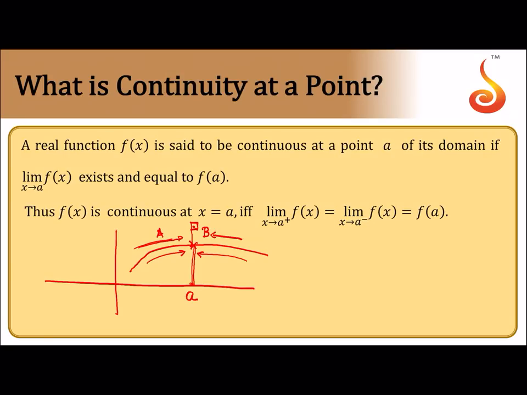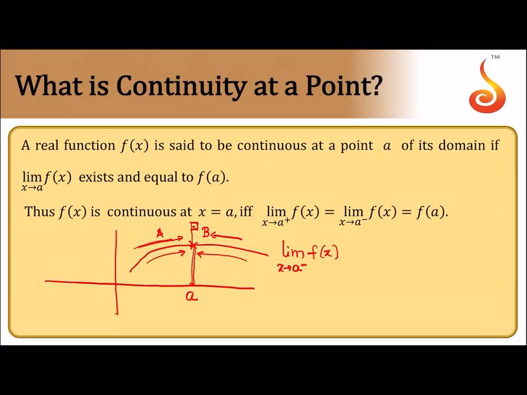Mr. A is approaching from the left, Mr. B is approaching from the right, and they see the flag post also. So clearly it is continuous.